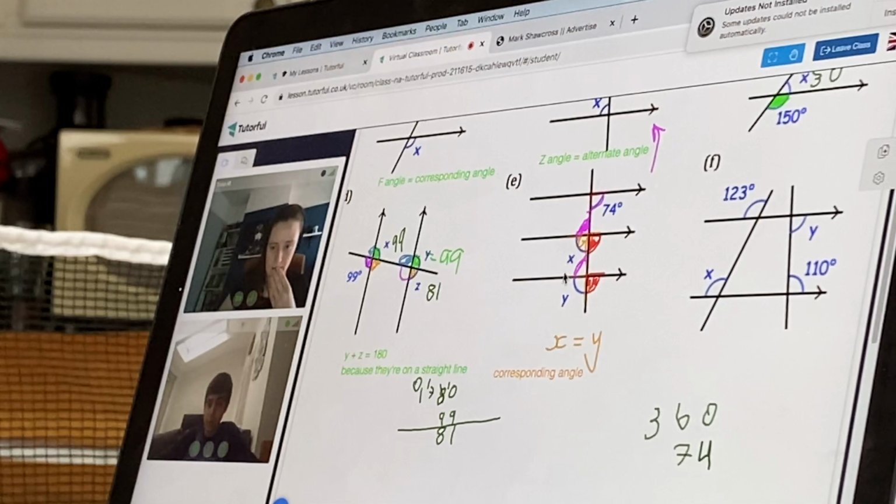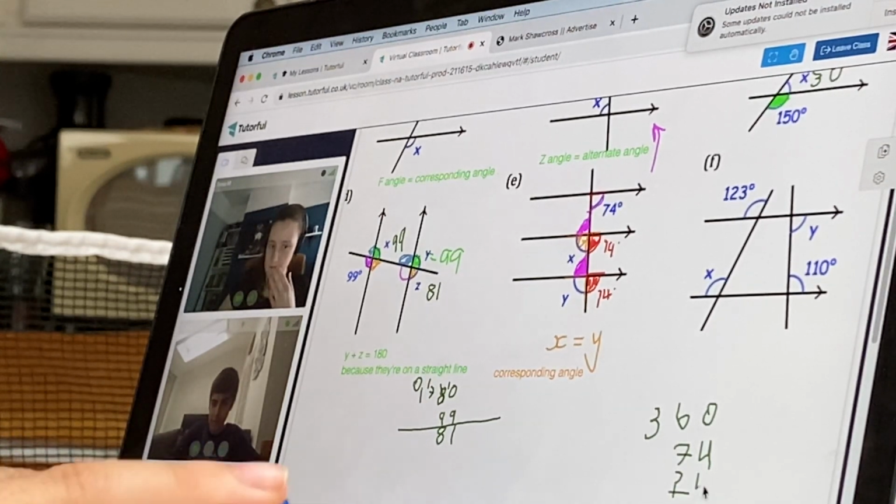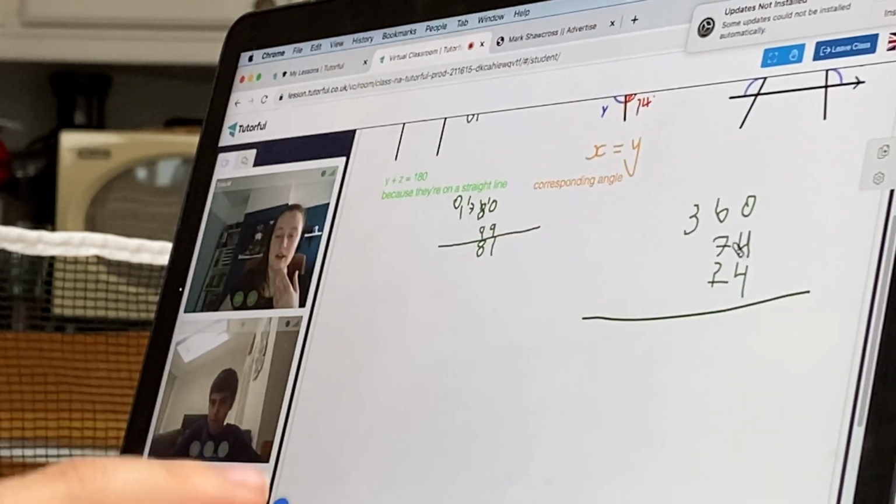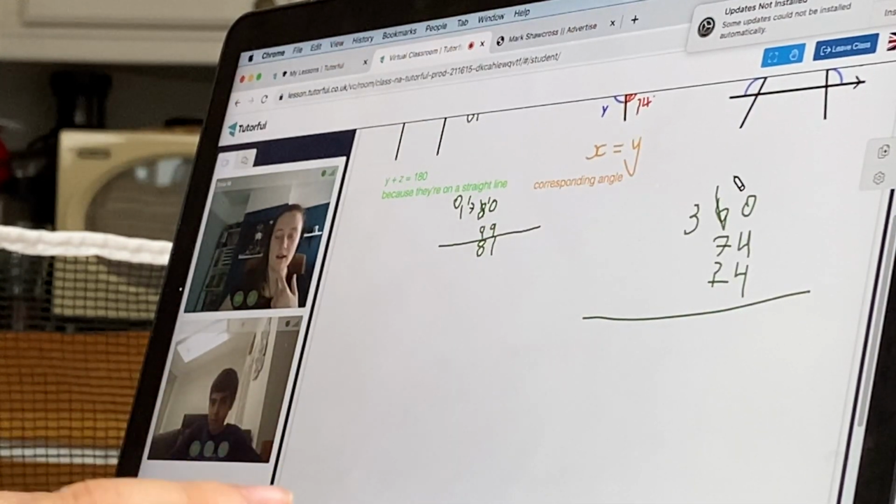But how can we find it? So we now know that the red and the pink are both 74. So 74 add 74, subtract from 360. You could do that.